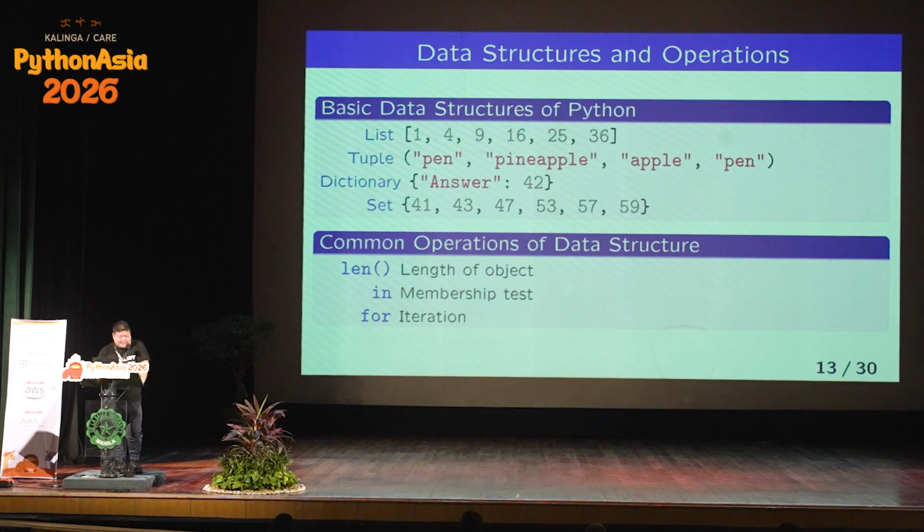The in operator calls the dunder contains method, and the for statement calls the dunder iter method. They are called dunder special methods. If we define these methods, we can make our own objects work with the len function, in operator, and for statement. And if we change these methods, we can make useless objects.